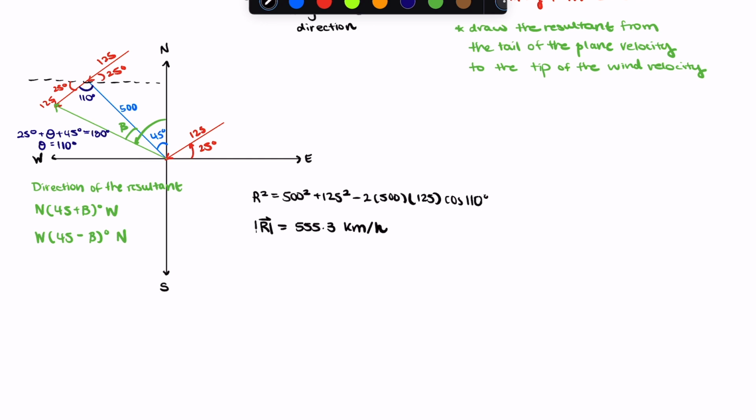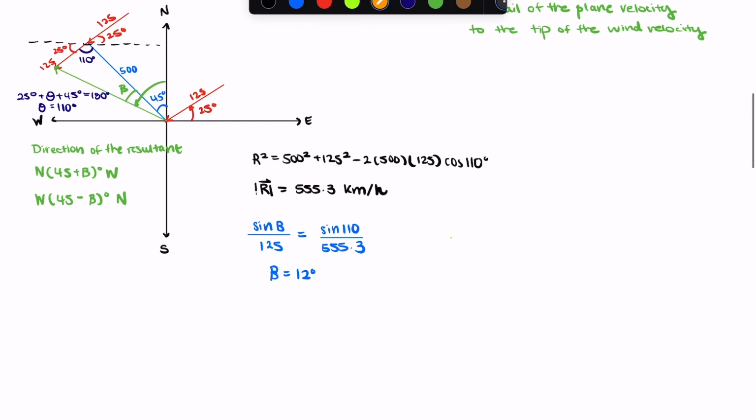Now we have to find beta, so we'll use the sine law. Sine beta over 125 is equal to sine 110 over the value we just found for the resultant, 555.3. Therefore, beta is equal to 12 degrees.